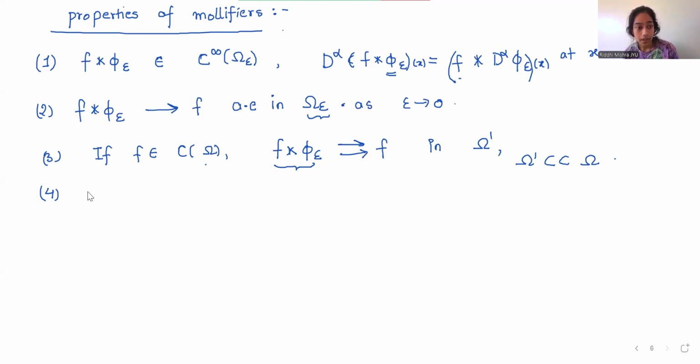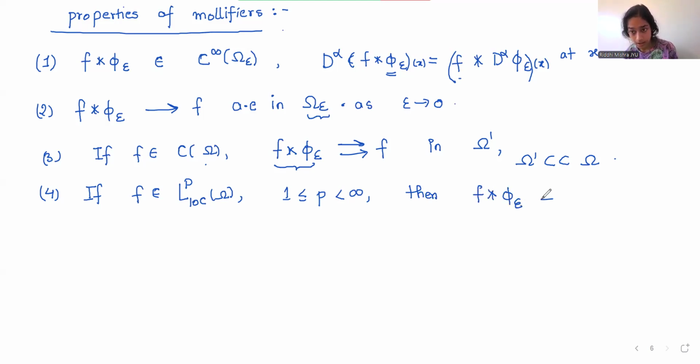Okay, and the fourth one is, if my function f is locally L^p for p in this range, then this convolution converges to f in L^p, where omega prime is compactly contained in omega.